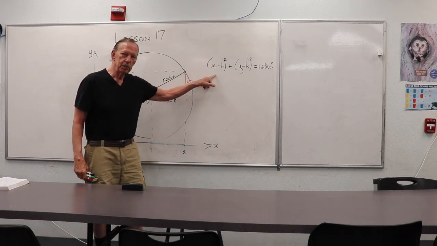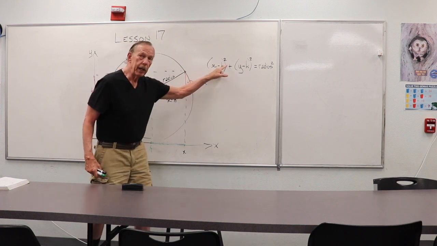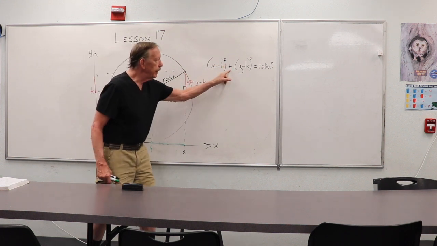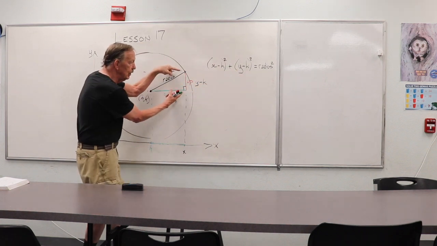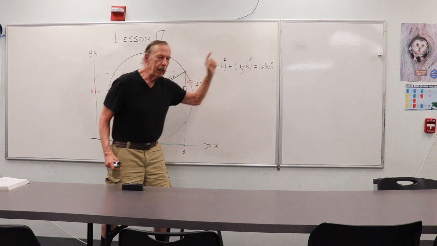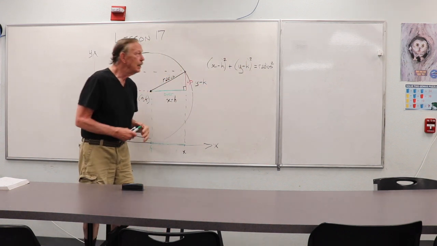The quantity x minus h, this piece, squared, and the quantity y minus k, this piece, squared, is the radius squared. That has not changed.